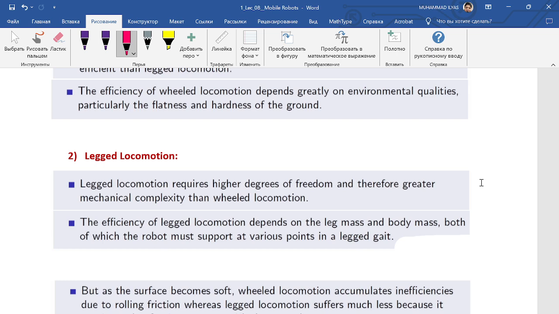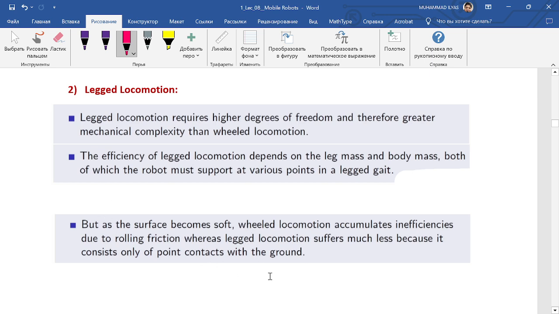In that case, legged locomotion is more efficient. Our mobile robot can be a quadruped, for example with four legs, and using the legs it can move in an environment which is uneven or which does not have a flat surface.